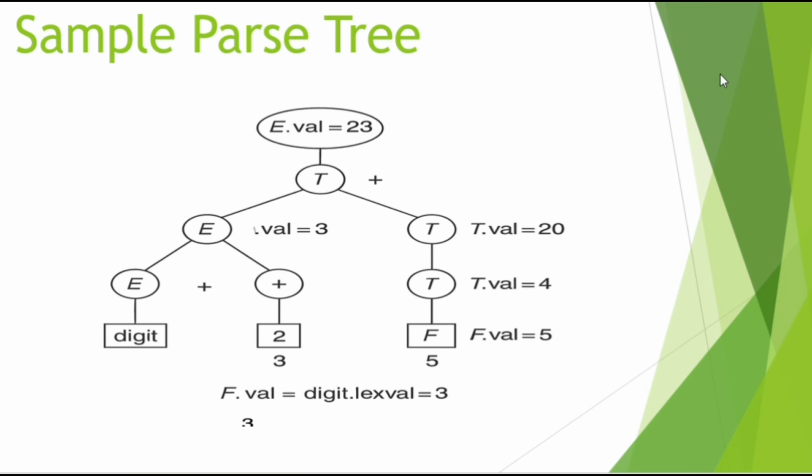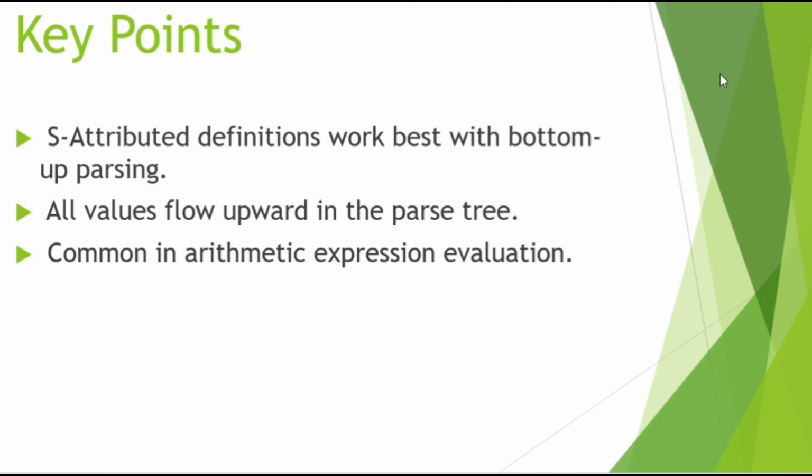These values are shown at each node as synthesized attributes. For example, T.value is equal to 20, E.value is equal to 23, and so on. This tree visually explains how values go from bottom to top, which is exactly how synthesized attributes are supposed to work. And in the next slide, we are going to see the key points.